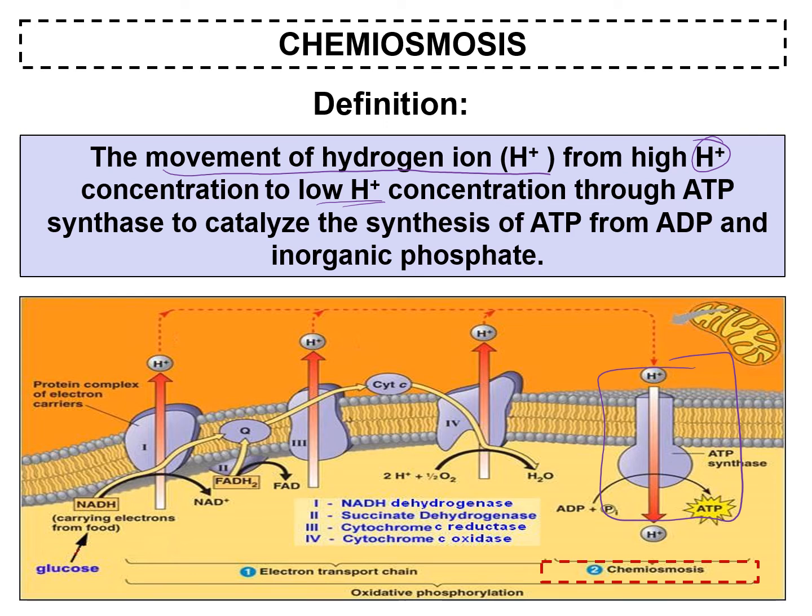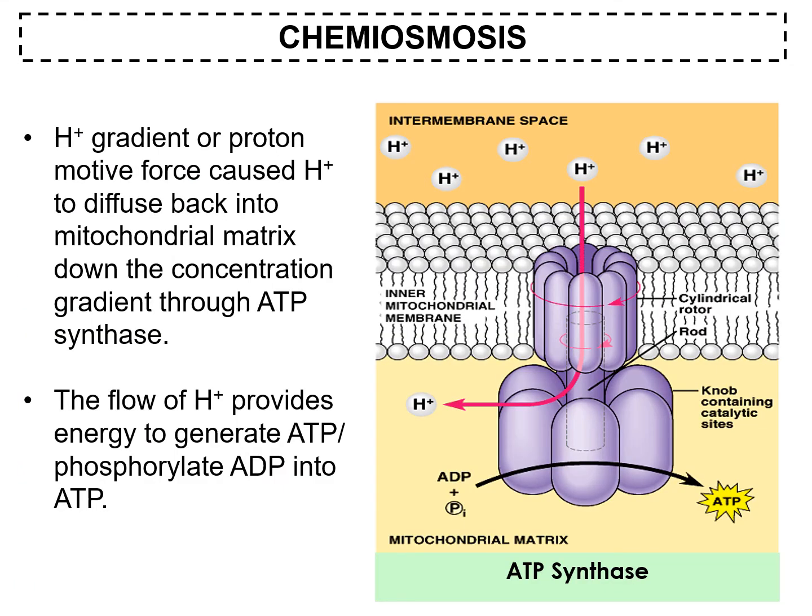Okay, what happens? The gradient of the proton causes the hydrogen ion to move back into mitochondrial matrix down the concentration gradient through ATP synthase.